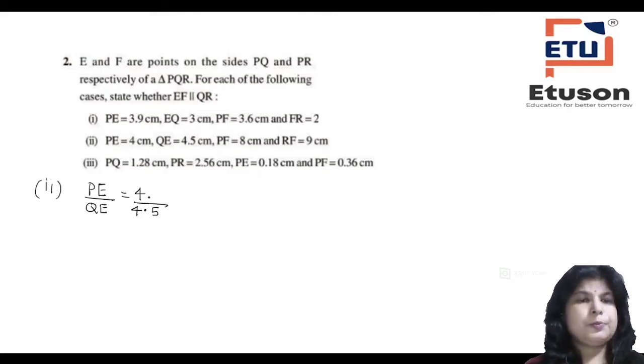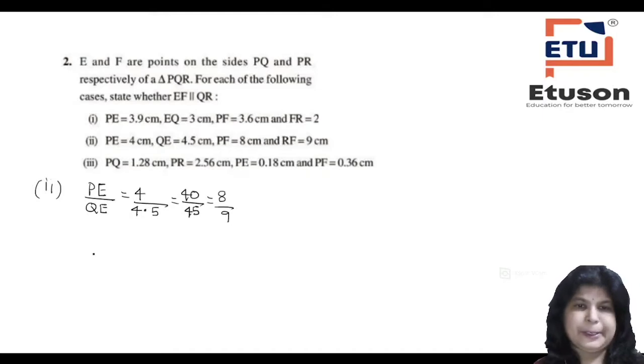So PE by QE is equal to 4 divided by 4.5, which can be equal to 40 divided by 45, and you can bring it to the simplest form, and your answer will be 8 by 9. Right. So now let us find out the other pair, that is PF by RF. So PF is equal to how much? It is 8. RF is equal to how much? It is 9. So very clear it is.